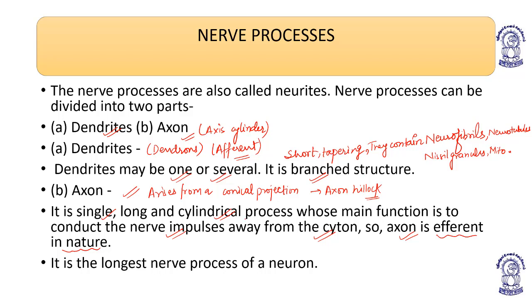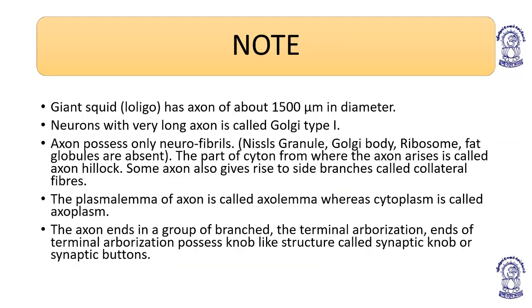Understood? Axons are the longest nerve processes of a neuron. The giant squid, Loligo, has an axon about 1500 micrometers in diameter. Neurons with very long axons are called Golgi type 1.